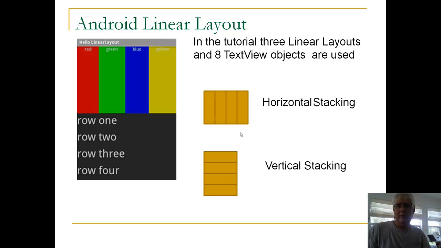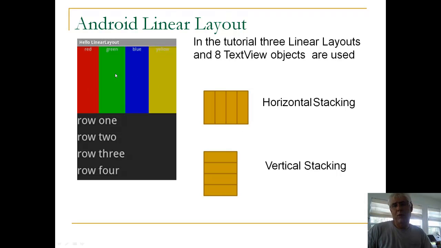Now, the linear layouts, they're all 3 visible, but one is a parent. So 3 linear layouts. One is a parent with 2 nested linear layouts. So it's a parent linear layout with 2 linear layouts inside.